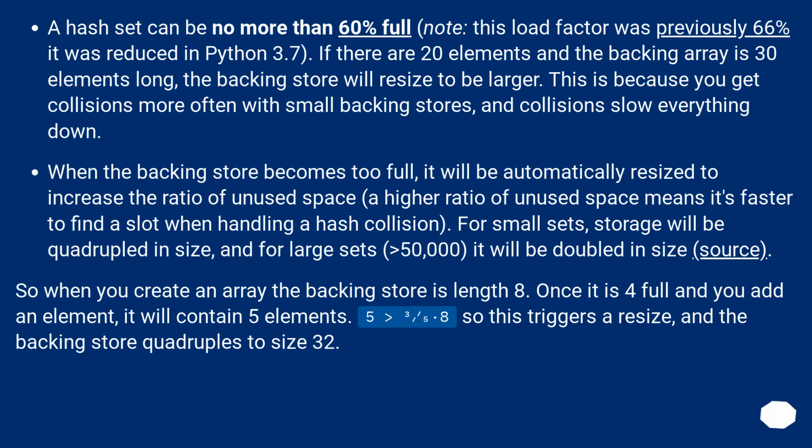For small sets, storage will be quadrupled in size, and for large sets, 50,000, it will be doubled in size. So when you create a set, the backing store is length 8. Once it is 4 full and you add an element, it will contain 5 elements. 5 is greater than 8 * 3/5, which is 4.8, so this triggers a resize, and the backing store quadruples to size 32.